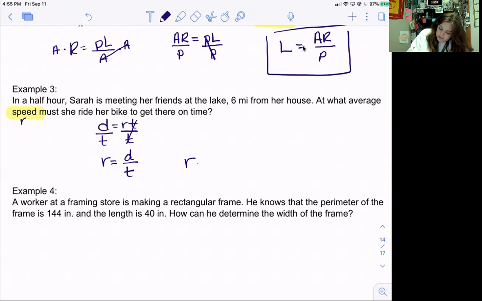Sarah's rate is going to equal the 6 miles divided by, and then our time is that half hour. So 0.5 hours. So if we take 6 divided by a half, we get 12 miles per hour.